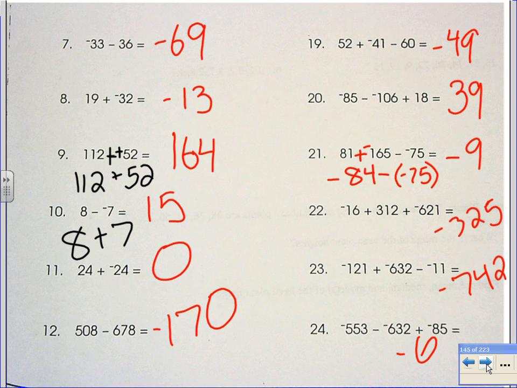Okay, number 20, negative 85 minus negative 106. We have two negatives back to back. So first thing you need to do is change those to a plus. Did you do that? Okay, so we have negative 85 plus 106. You're adding, there's opposite signs. Subtract the numbers, we get 21. Well, then you just subtracted wrong.